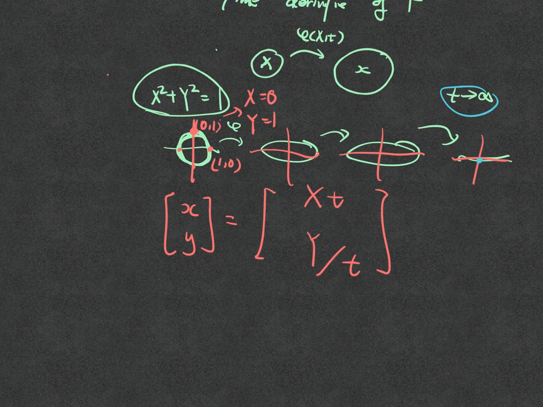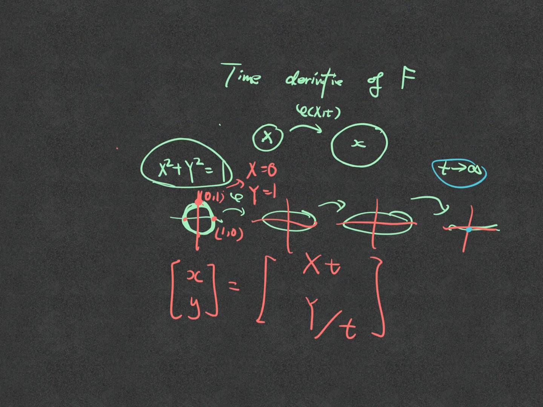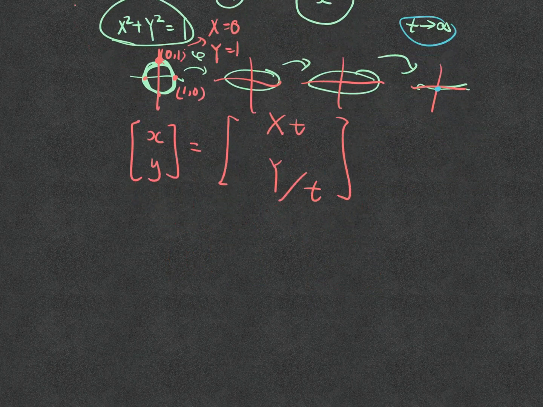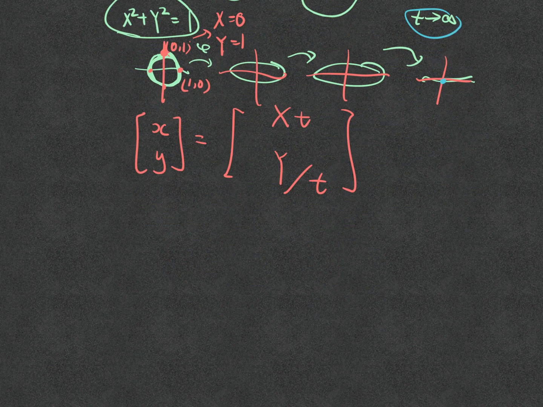Now, I just want to use that example to talk about the time derivative of the deformation gradient, because I want to show one very important concept. Deformation gradient, okay, in this case, the time derivative of F. What is the F here?